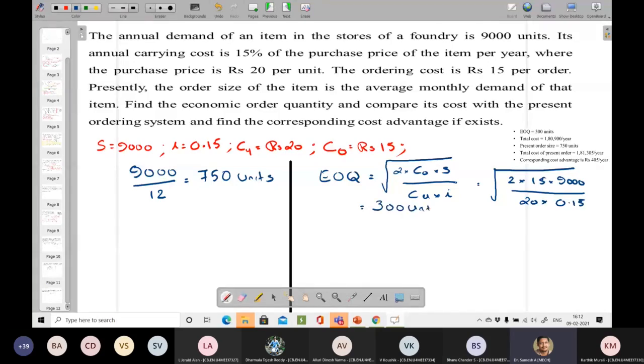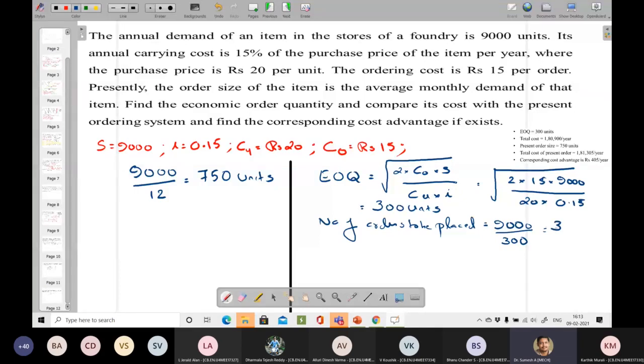And the number of orders to be placed is 9,000 by 300. How much? So that will be 30 orders.